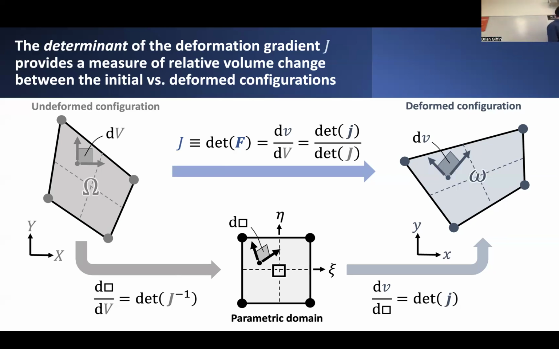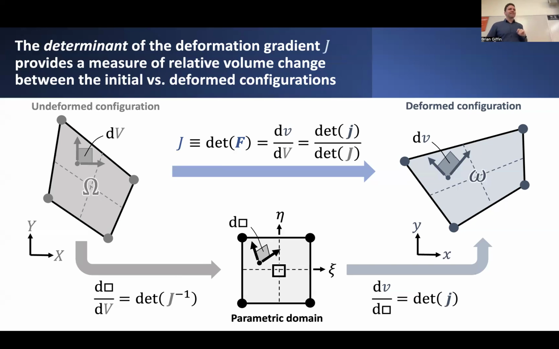We could do a similar sequence of transformations, not in terms of transforming line segments, but now in terms of transforming units of volume. And we could verify that indeed, this small unit of volume would be mapped into this corresponding unit of volume in the element's parametric domain, which again can be mapped using the determinant of the Jacobian into the final unit of volume in the element's deformed configuration.